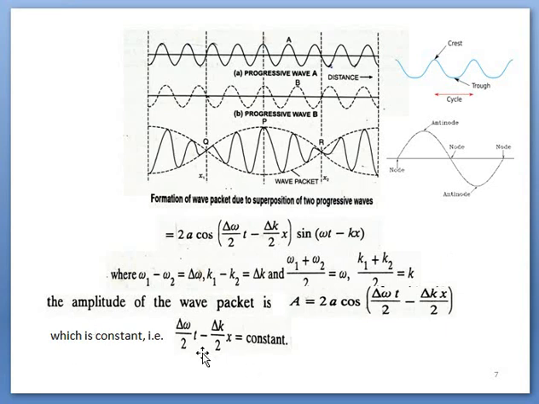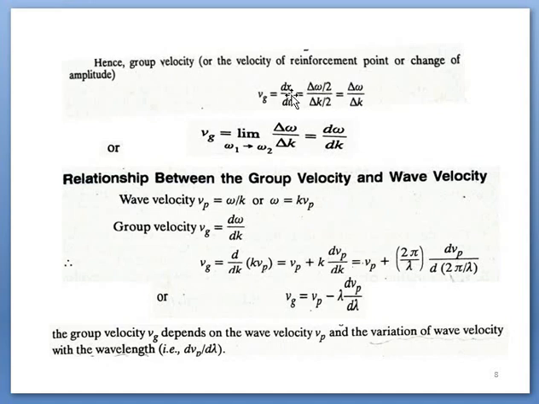So here we found that, due to this being constant, this will also be constant, and delta omega and delta k represent the difference values. By differentiating this with respect to t, we have this equation, dx upon dt.